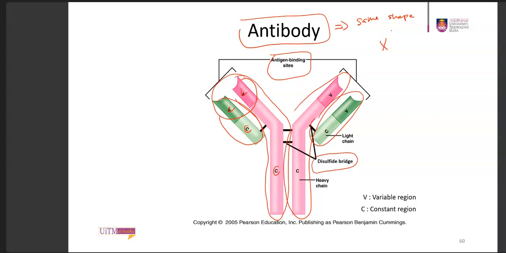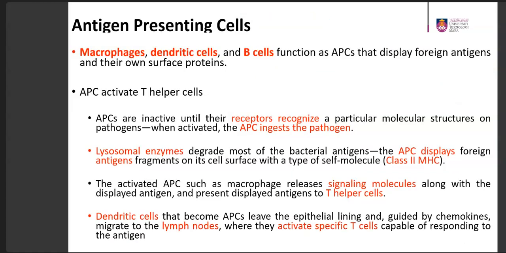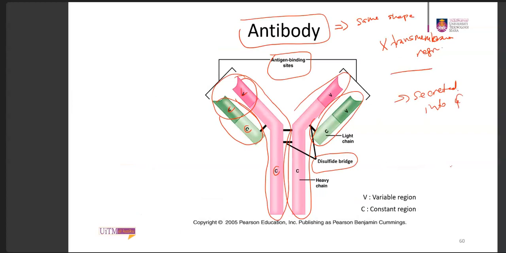Antibody does not have any transmembrane region because it is secreted into your body fluid: blood, interstitial fluid, and also lymph.